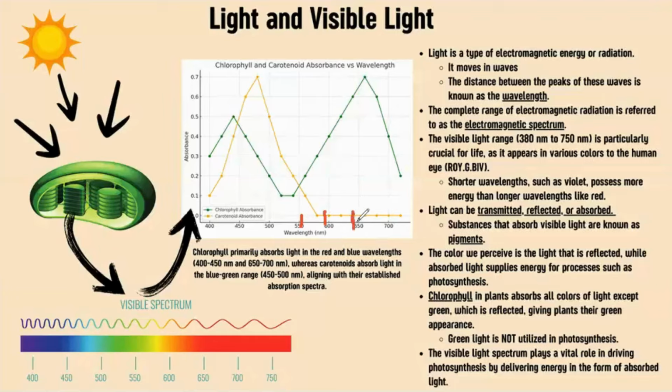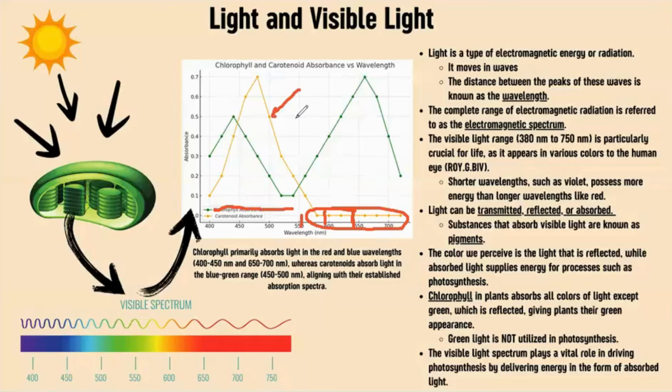This range right here would be where you notice that there is the least absorbance. However, the peak of the absorbance is somewhere around 400 to 500 for this carotenoid color.